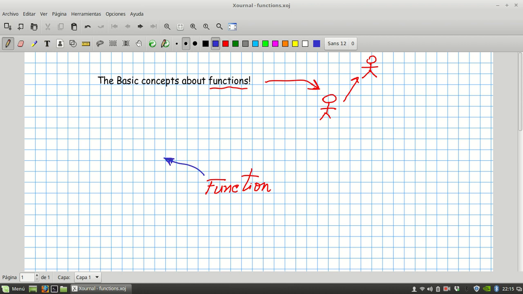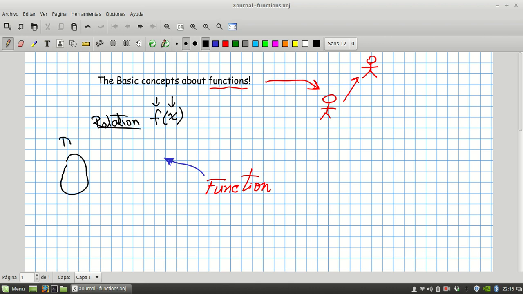A function is something very simple. A function first is a relation, and that's why we use the notation f(x), because it says that the function has a relation with x. It's a relation between two sets.